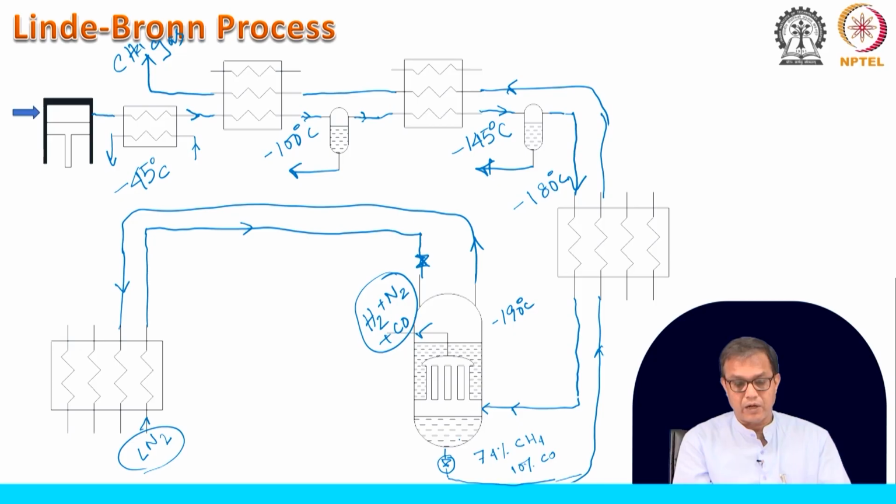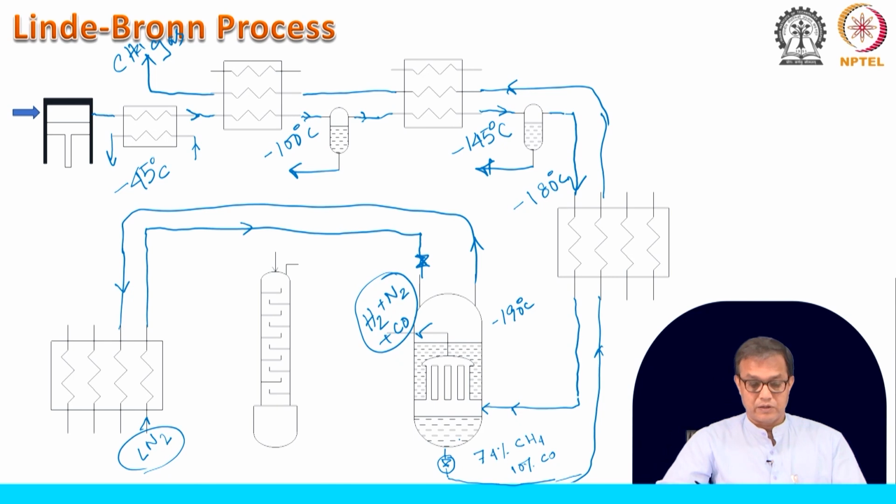So, you see that our target was to get a hydrogen and nitrogen mixture with a ratio of nitrogen 1 and hydrogen 3. That we have obtained, with an additional component CO. We can get rid of this CO with the help of a CO scrubber.